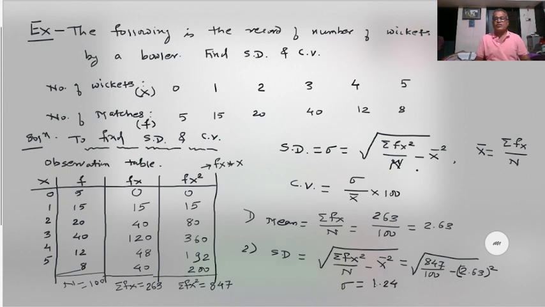After evaluating this, we get sigma is equal to 1.24. So this is sigma, this is the mean x bar.